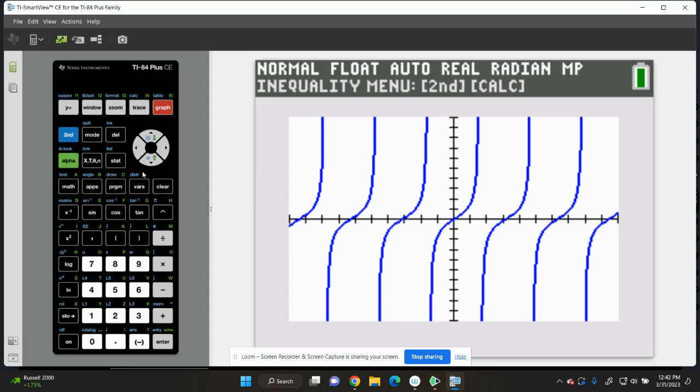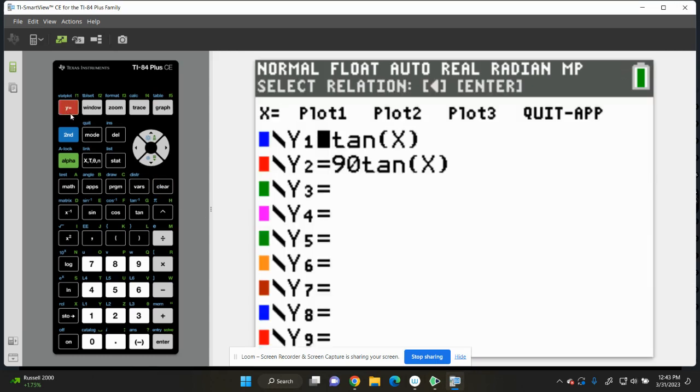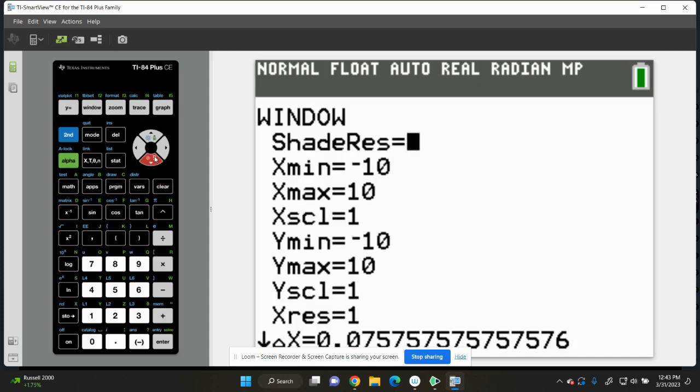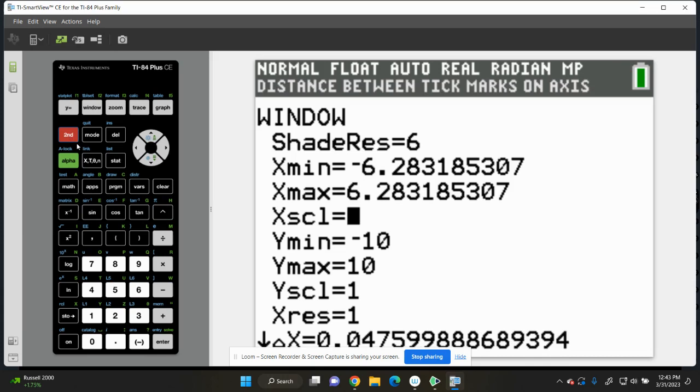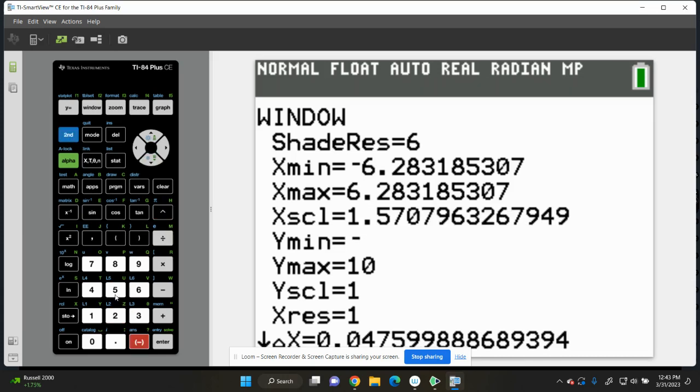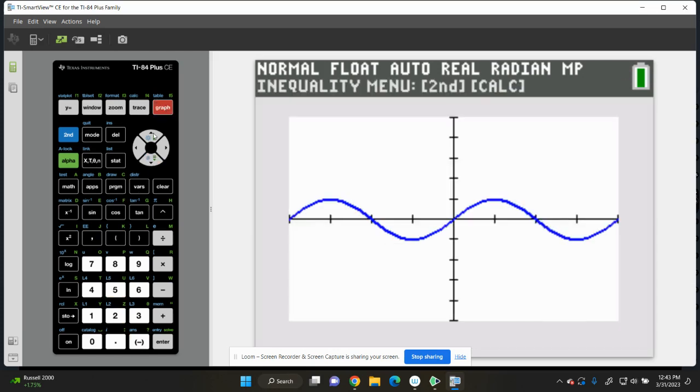Let me do it on the calculator. That'll be quicker. I'm going to graph sine x, and I'm just going to change my window a little bit. -2 pi to +2 pi, and we're going to go by increments of pi over 2. And I'm going to go from -5 to +5 on the y-axis. Okay, there's my sine curve.